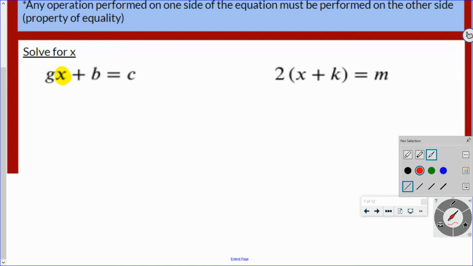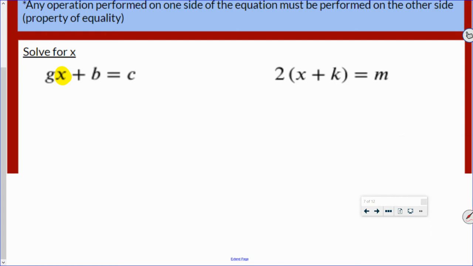So if I'm trying to solve for x, when I look at it, it's g times x plus b equals c. I know that I can use the subtraction property of equality to get rid of this addition of b, so that's what I'm going to do. So it's plus b here, so I'm going to subtract b from both sides. Just like that.